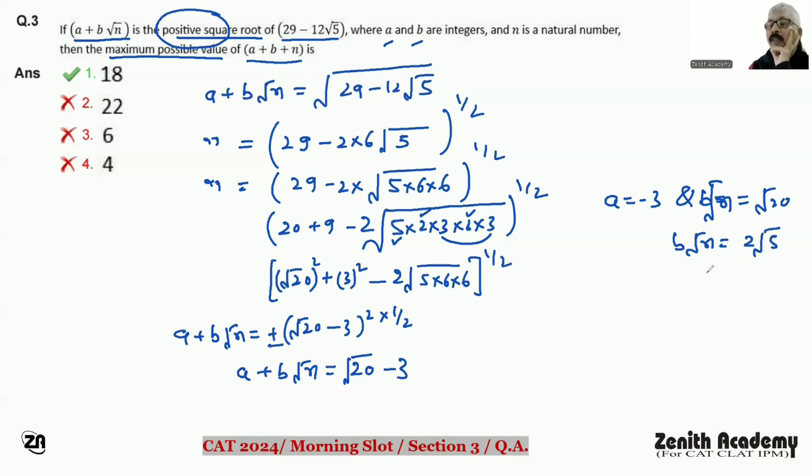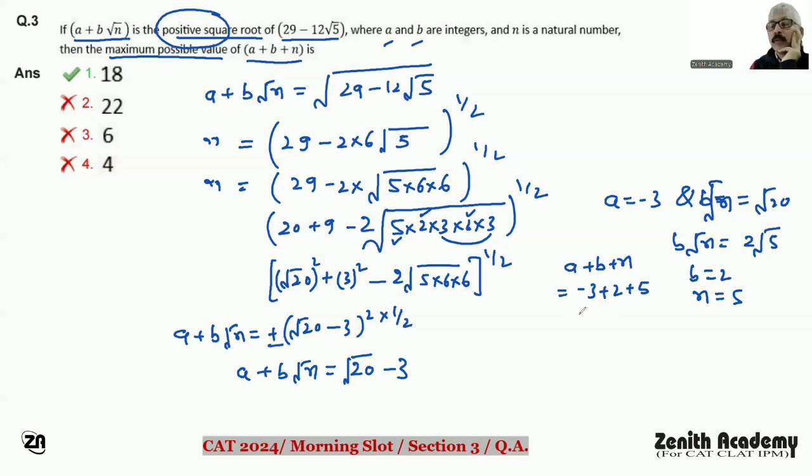Okay, so in this condition, b is going to be 2 and n is going to be 5. Then a plus b plus n will be, a is minus 3, b is 2, plus 5.